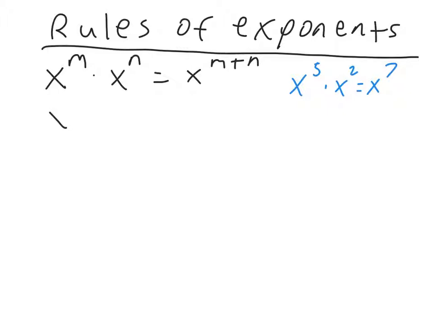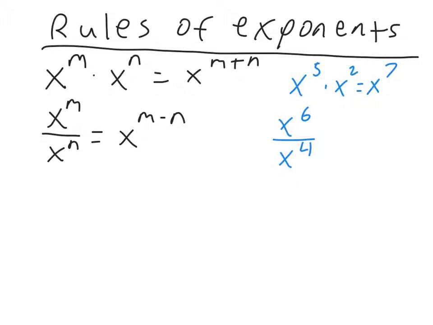If we have x to the m divided by x to the n, then that'll be x to the m minus n. So the example for that could be x to the 6th divided by x to the 4th. That'll become x to the 6 minus 4, which is 2, so x squared.